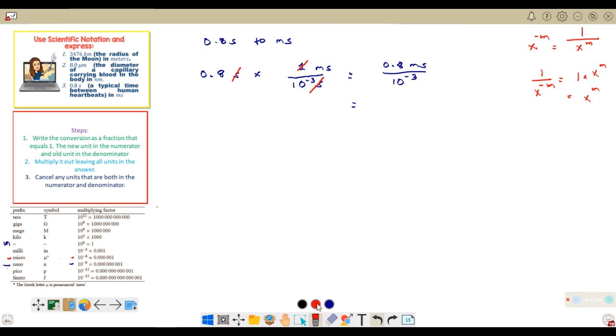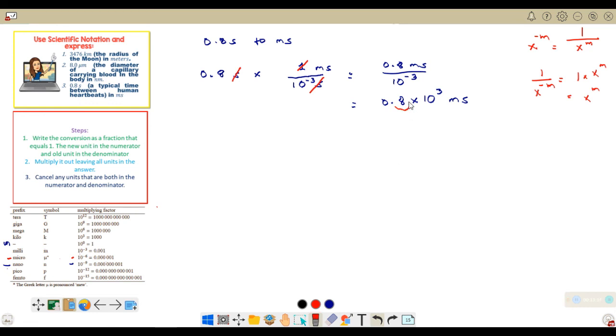So for here, if we're going to convert this is 0.8 times 10 raised to 3 milliseconds. But since this is not in standard scientific notation, because 0.8 is outside 1 to 10, mag-a-adjust pa tayo. Our decimal point is between 0 and 8, and it should be after the last digit, 8.